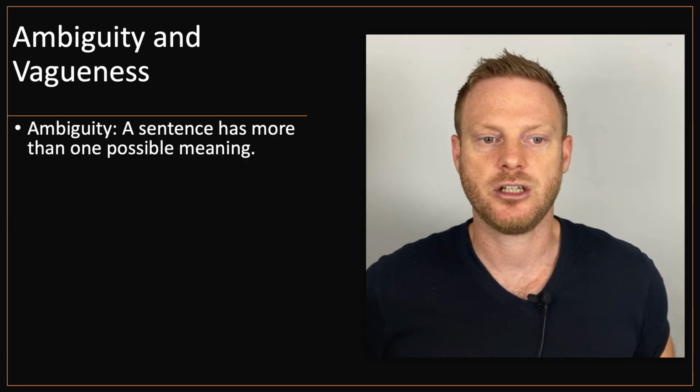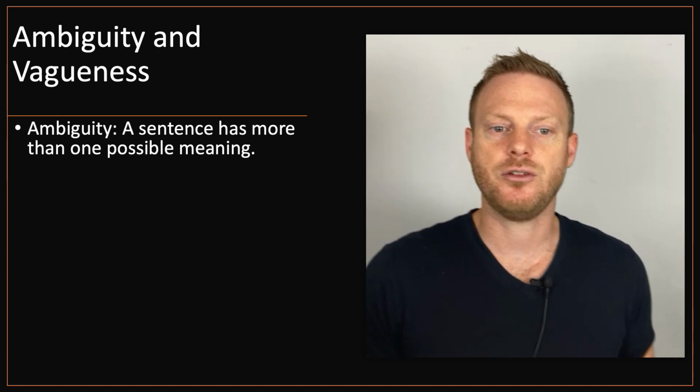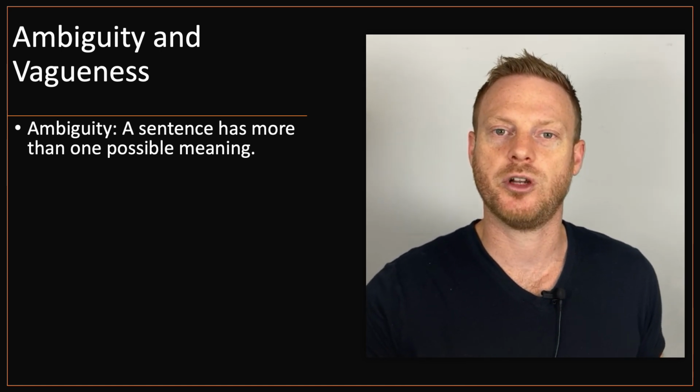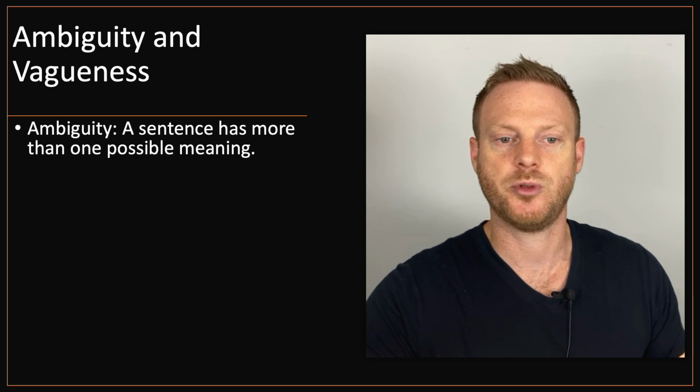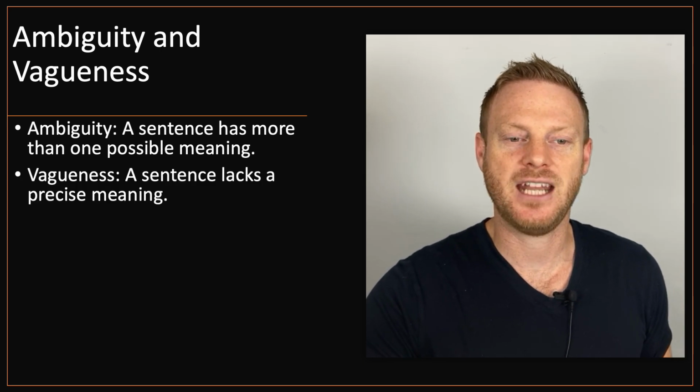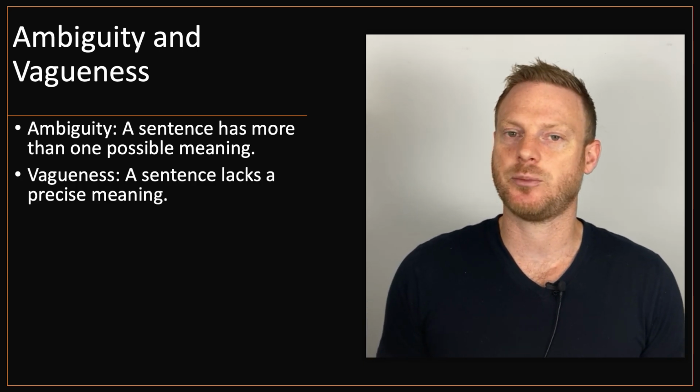Now, when we're talking about clarity, the opposite of clarity can be ambiguity or vagueness, but these are different concepts, and so it's good to get clear on what these two concepts are. So ambiguity is when a sentence has more than one possible meaning, so it has multiple meanings. And vagueness is when a sentence lacks a precise meaning.